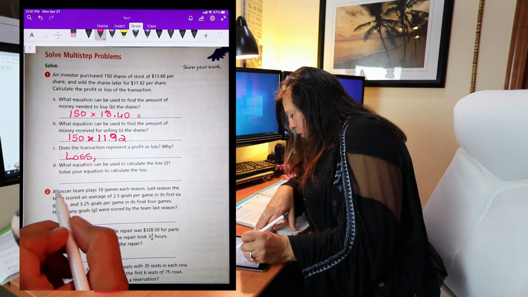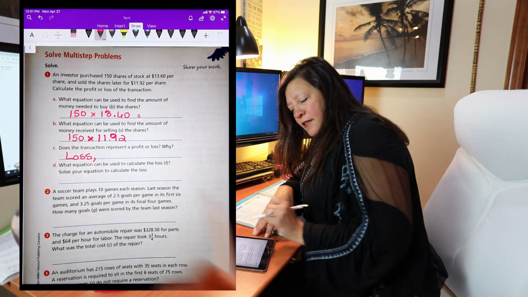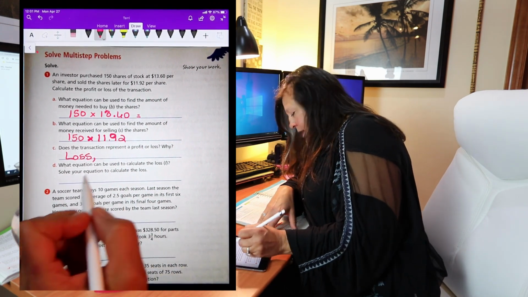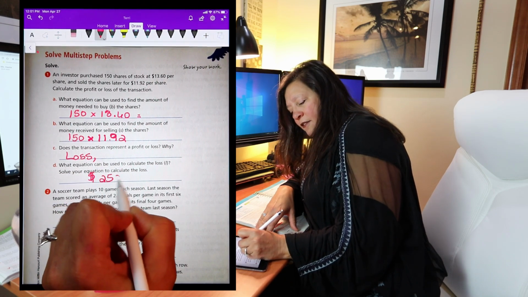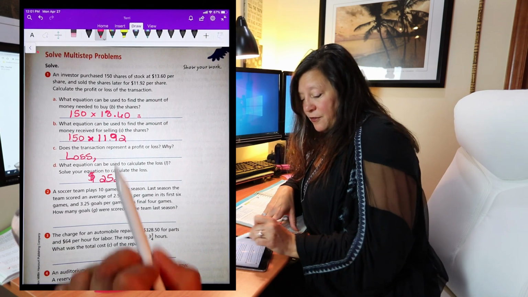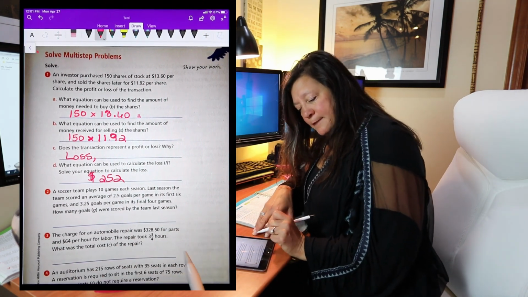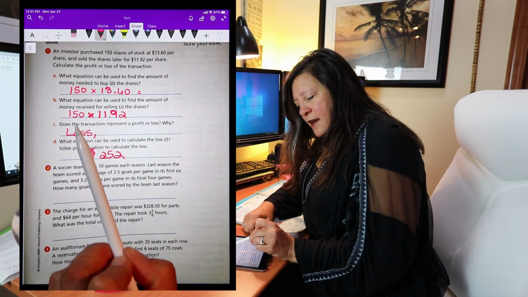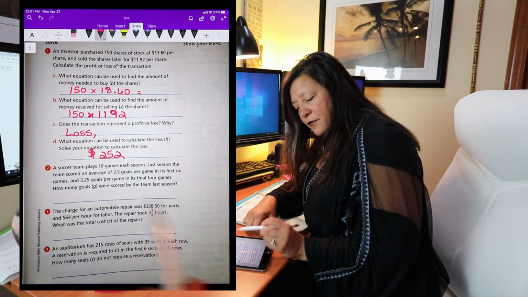You're going to take how much they paid for them and then subtract how much they sold them for. And when you are all finished, it will be a loss of $252. Not a good investment there. You don't want to lose money. So go ahead and calculate A, calculate B, subtract, and you should get $252.